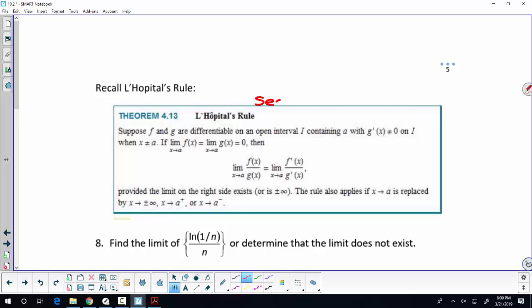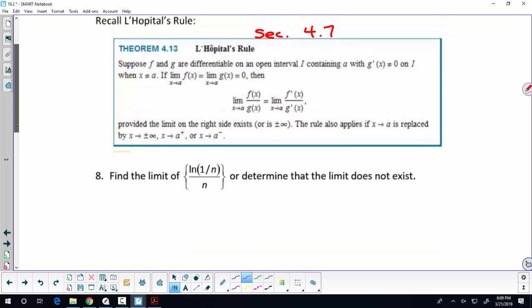So this is section 4.7. The biggest thing to point out is L'Hopital's rule only applies to things that are 0 over 0 or infinity over infinity. If you get something like 0 times infinity or 1 to the infinity, then you've got to rewrite it so you can apply L'Hopital's rule, because it doesn't directly apply.